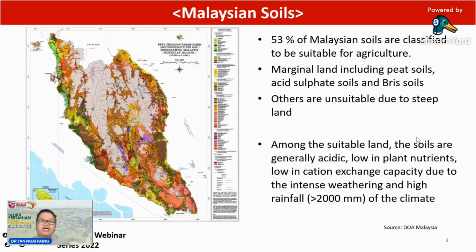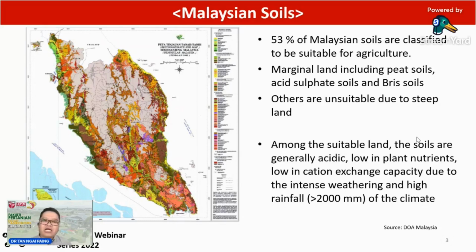So this is where fertilizer comes into play. But one thing I want to say is that although Malaysia and many other tropical countries are not blessed with very fertile soil, we have all year round rainfall and all year round sunlight.